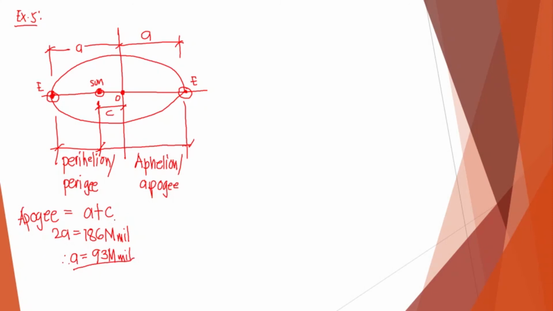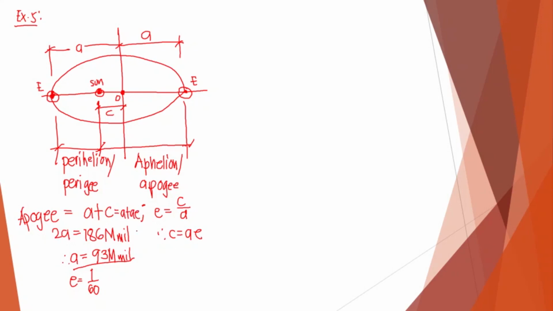We don't have any value for C, but we have the value of A and also the given eccentricity, which is equal to 1 over 60. We know that e is equal to c over a, therefore c is equal to a times e. So the apogee will be equal to a plus a times e.